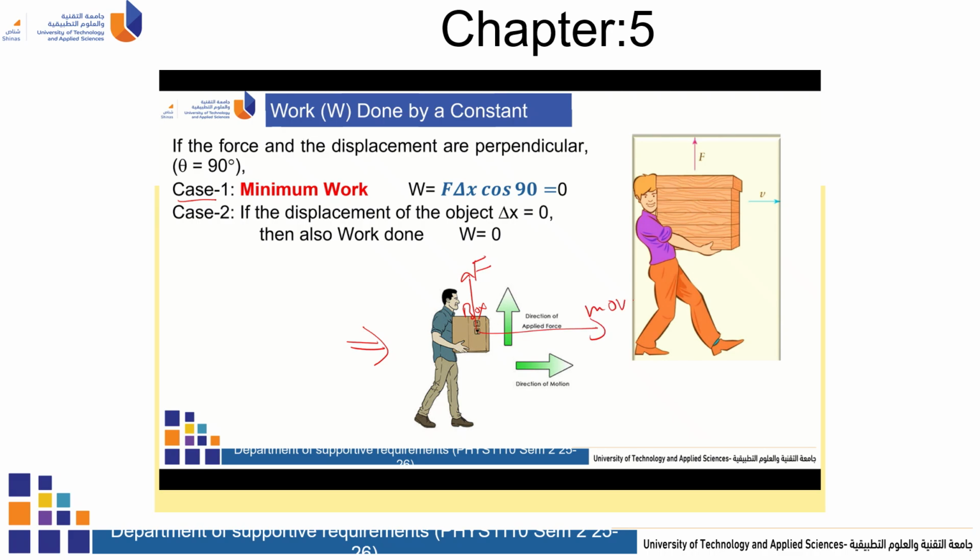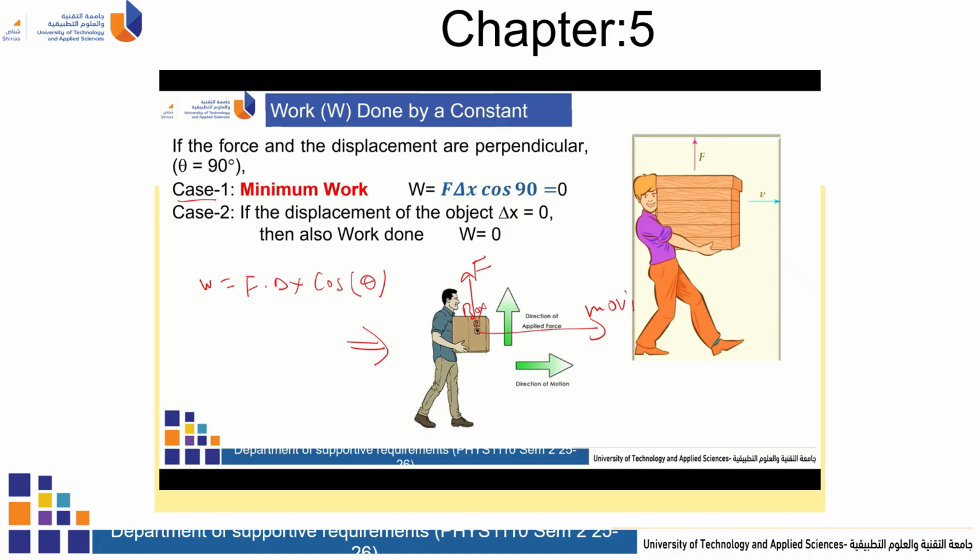This picture represents a person moving on the ground while holding a box like that. So this is the formula for the work: W equal to F, delta x, and cosine theta.